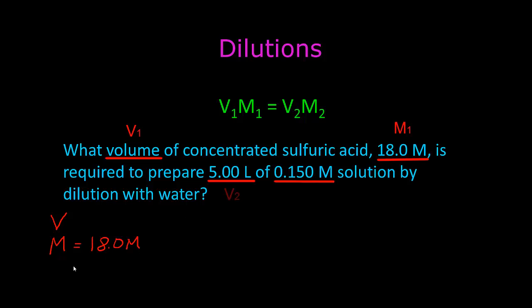And then we have a second volume, which means I need to start labeling these now. That's V1 and M1. Our second volume, our final volume, is what we're going to prepare. And our final volume is 5 liters. And our final molarity needs to be 0.15 molar.